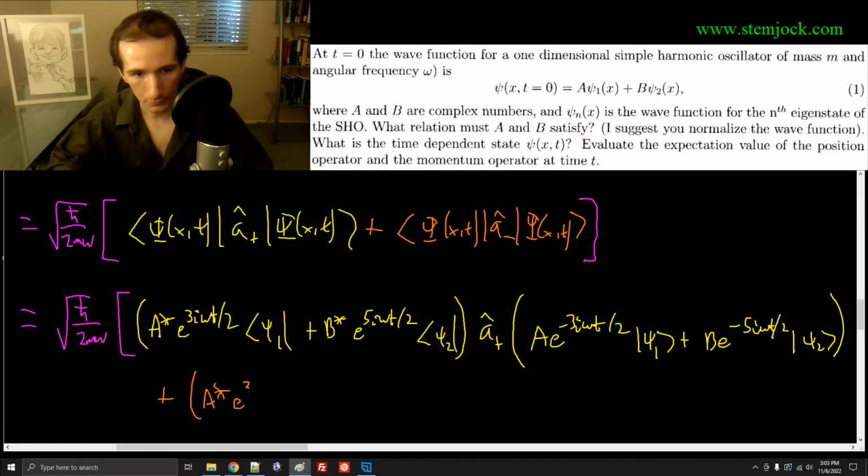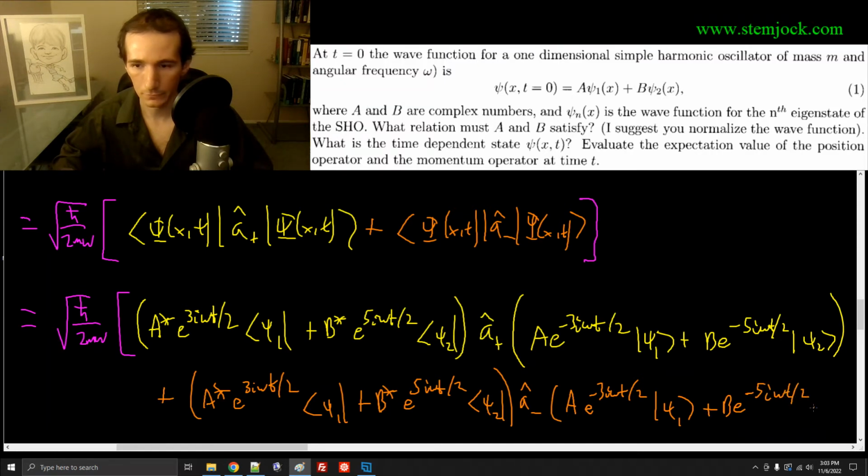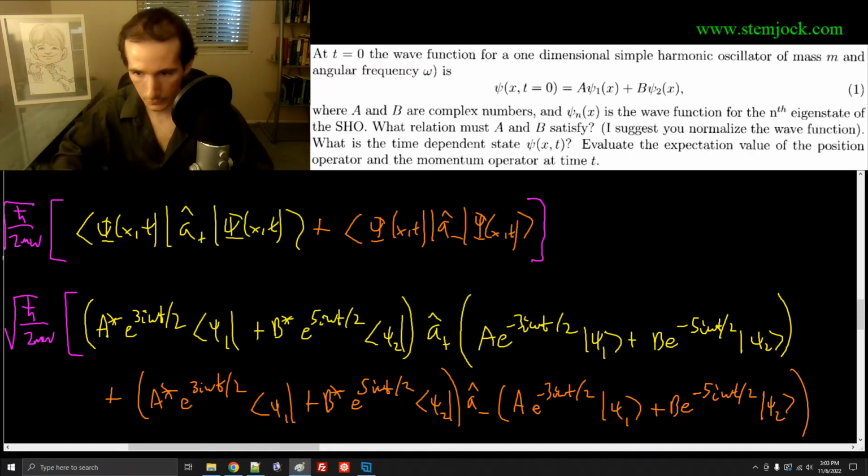A star e to the 3I omega t over 2 bra psi 1 plus b star e to the 5I omega t over 2 bra psi 2, a minus, and now e to the minus 3I omega t over 2 ket psi 1 plus b e to the minus 5I omega t over 2 ket psi 2. And I can't forget to close the square bracket here.